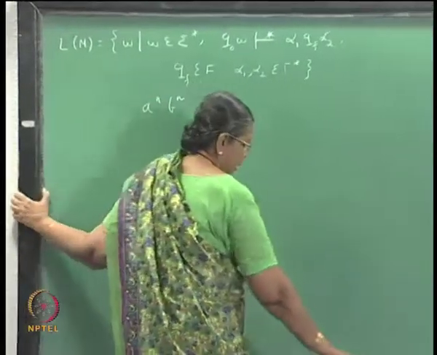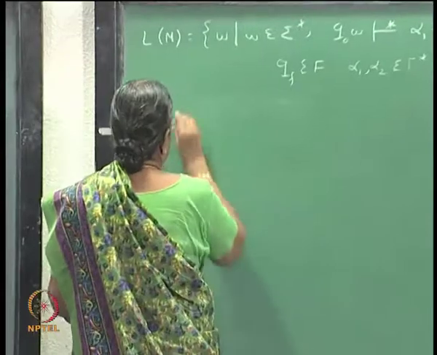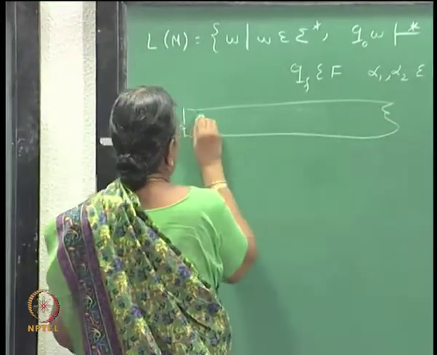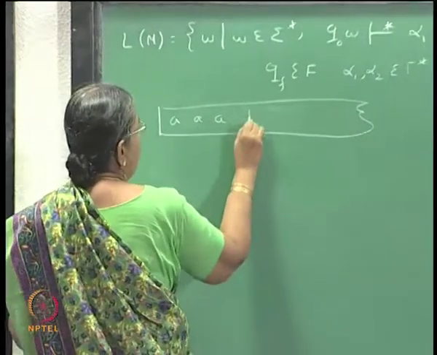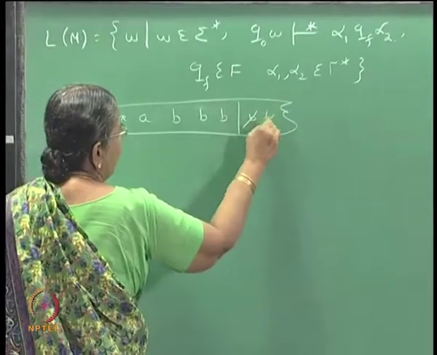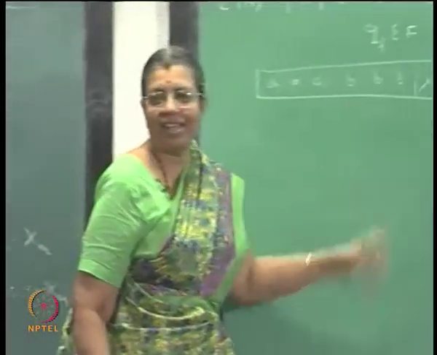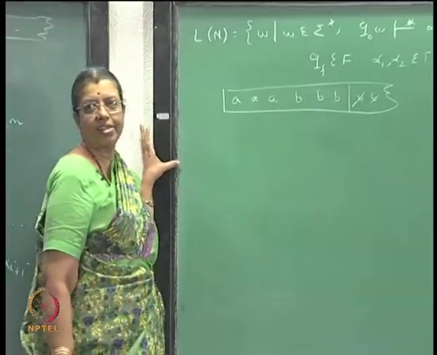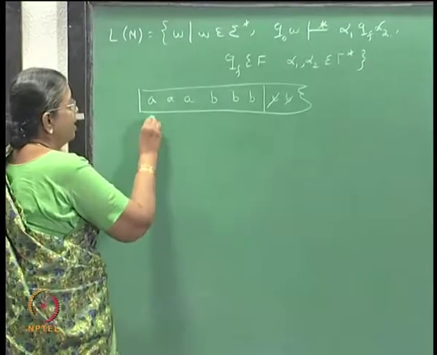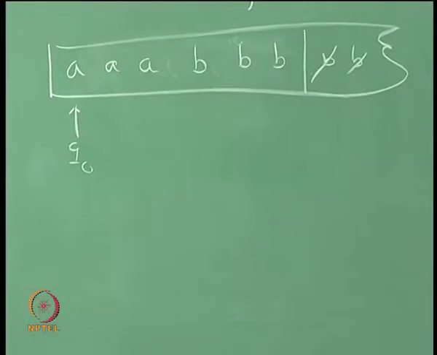The idea is like this, the input is given like this, A, I am taking a particular example, followed by blanks. Please note that this is different from the B. Now, this has to be accepted. The machine is started in state q naught reading the leftmost symbol.